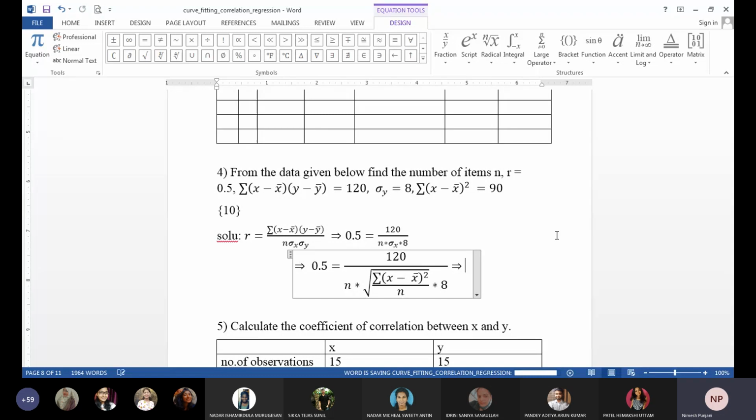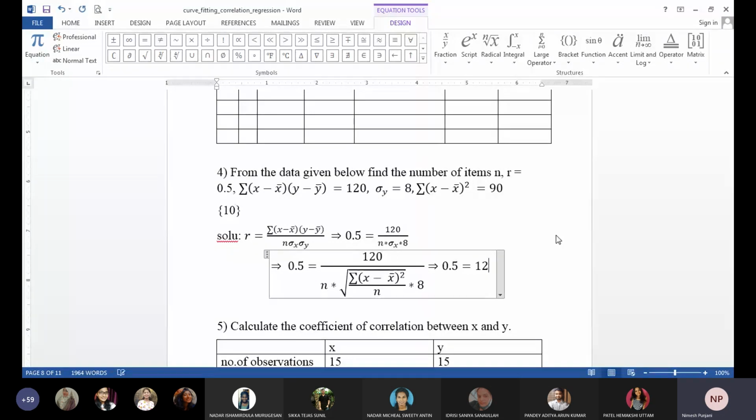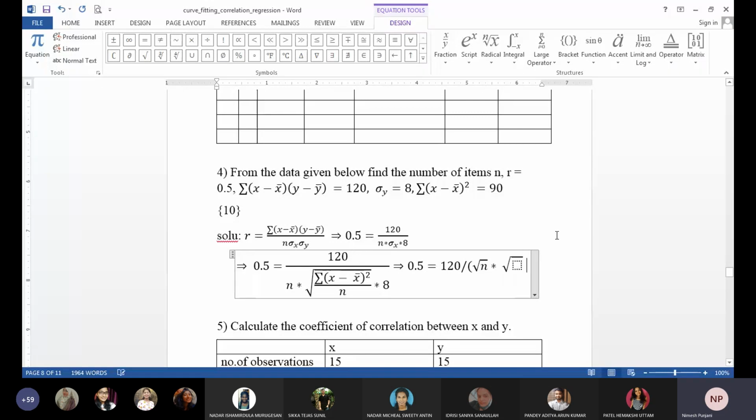From this what will I get? 0.5 is equal to 120 divided by, now see, one n and one root n I can cancel out. So what remains is root n in the denominator. Then I get square root of summation (x minus x bar) whole square, which is given as 90.